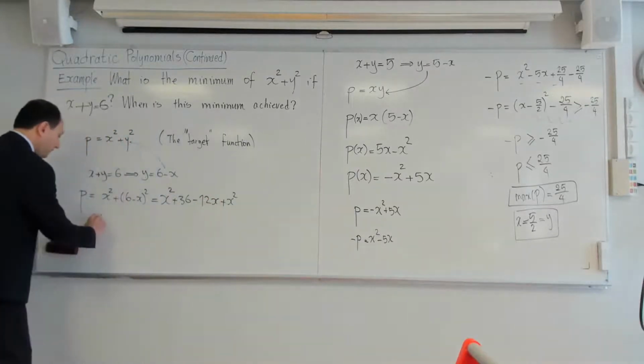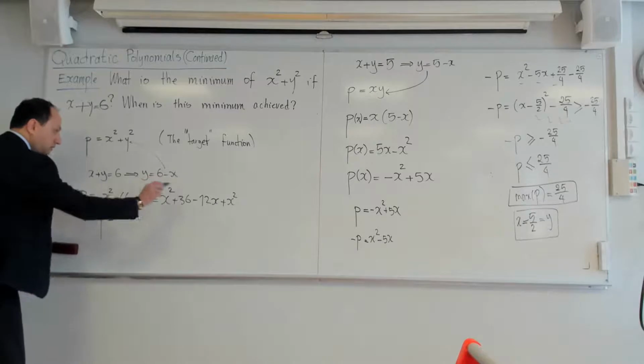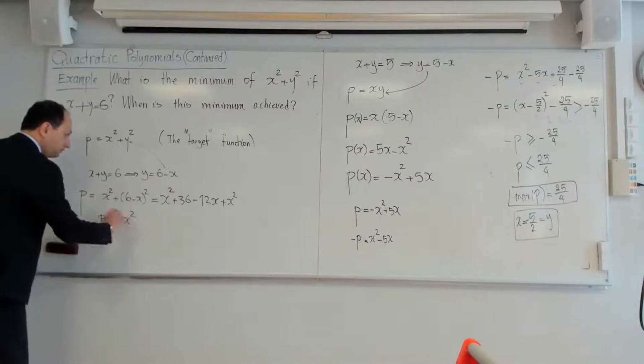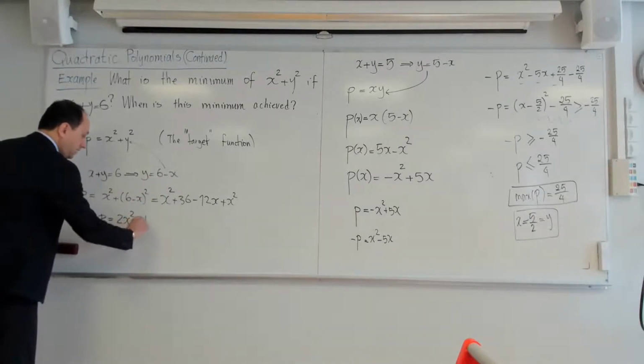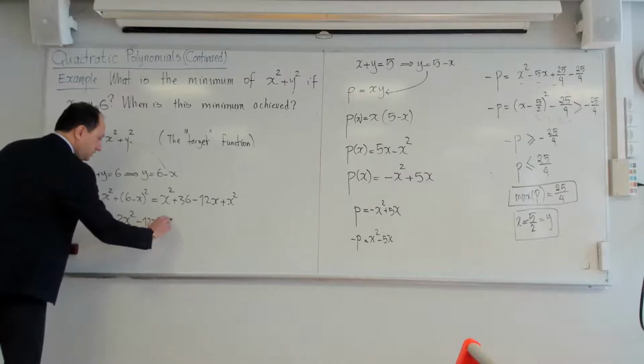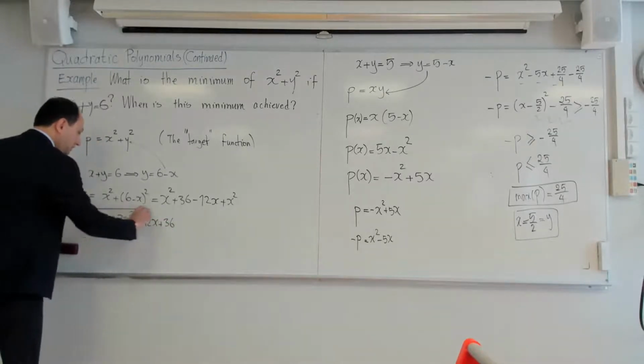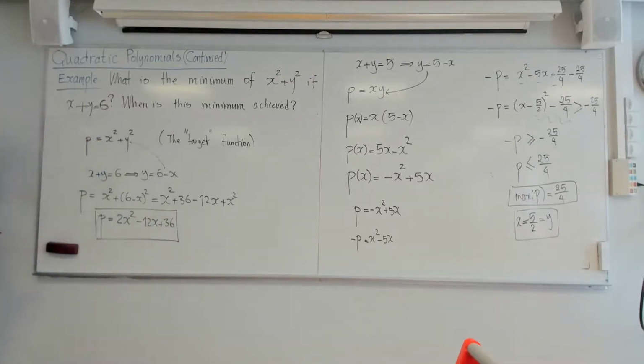So let me simplify everything. x squared plus x squared is 2x squared. And then I have minus 12x plus 36. This is the model that I was able to get after doing those calculations.